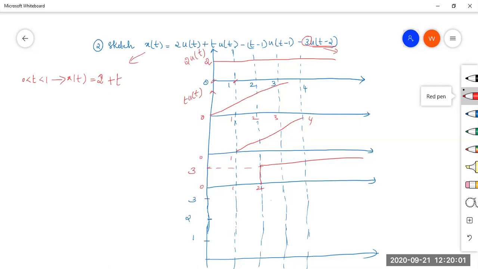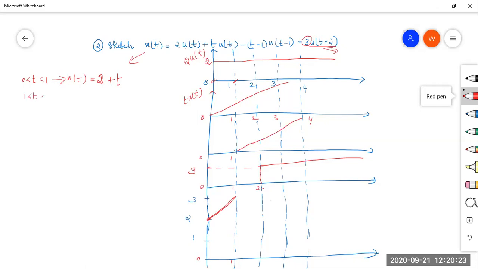Then the third signal is not there, and the fourth signal is also not there. So x of t is equal to 2 plus t. So the signal should start at 2, then it will linearly increase. From 2, it will reach 3. So 0, 1. At 1, the value of the signal is 3 here.